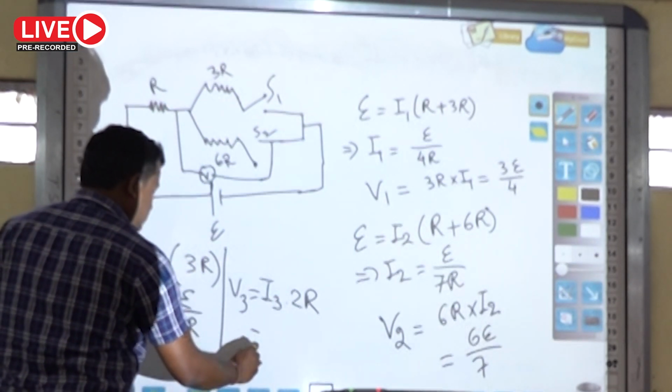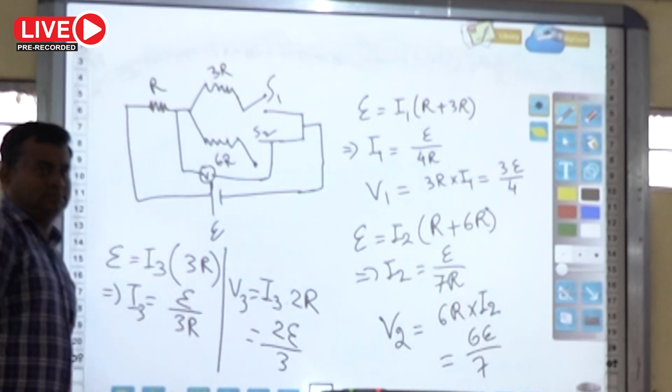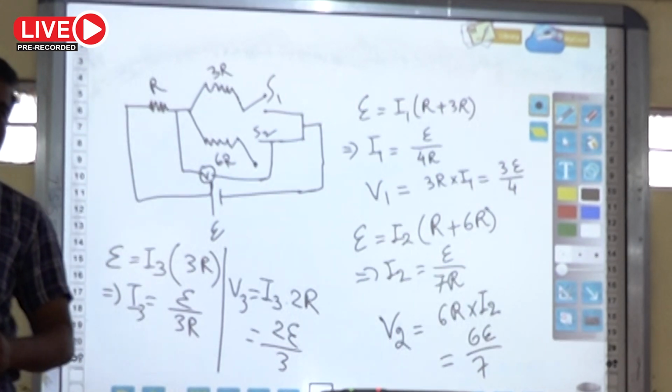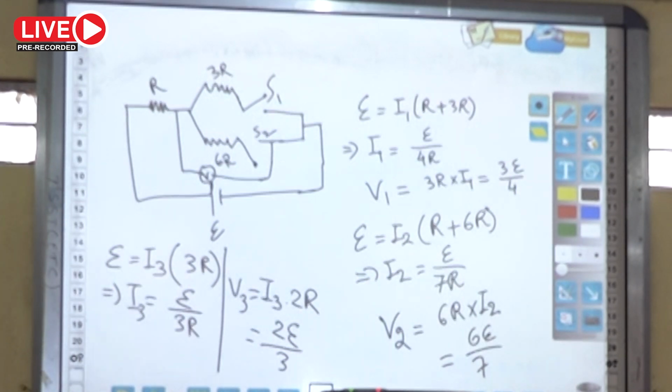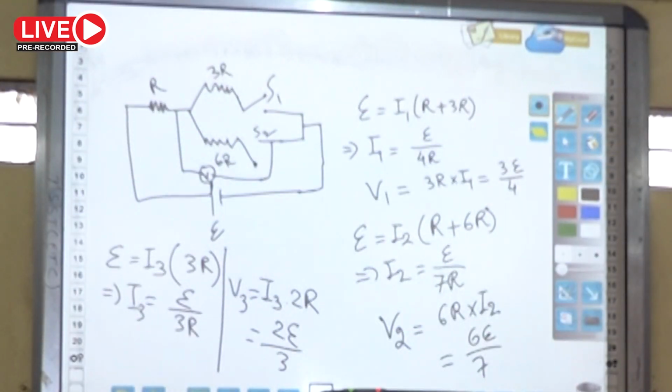So R cancels, and it will be 2E by 3. Now compare. So in the three cases you have to find out V1, V2, V3. Then you have to check which option is correct.